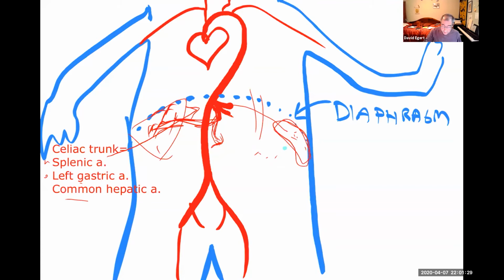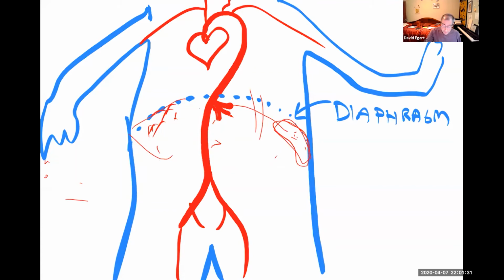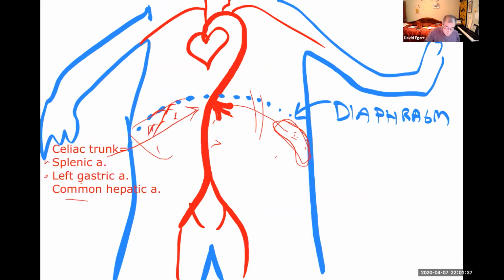I'm going to erase my organs here to give myself more space. The two main arteries that are supplying all of your digestive organs in general are not paired.